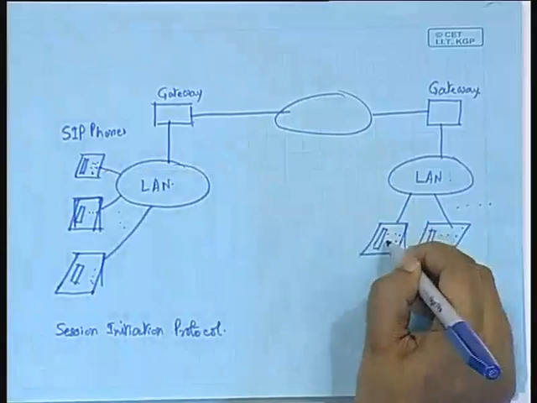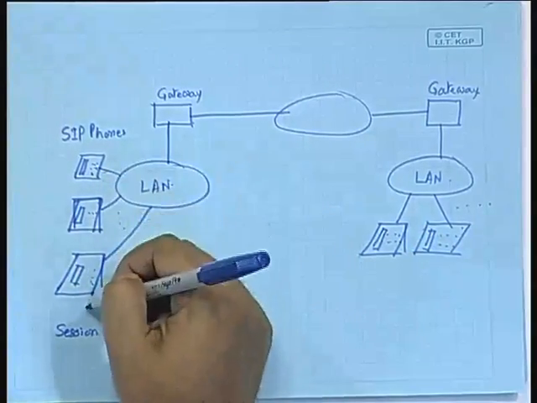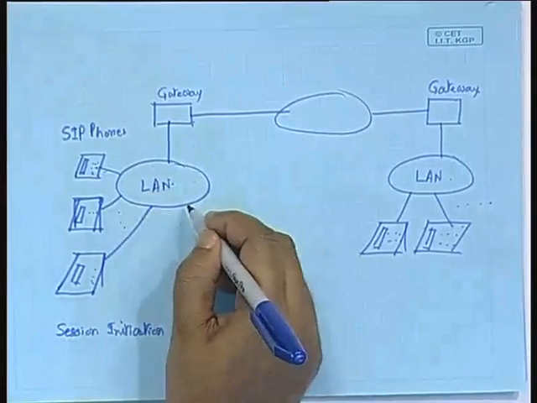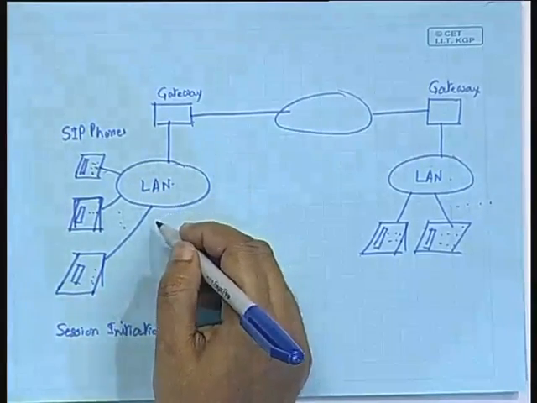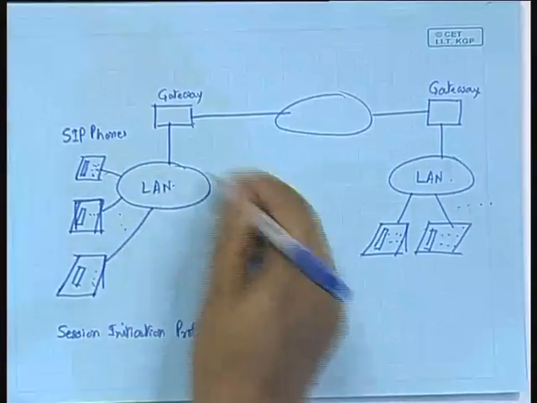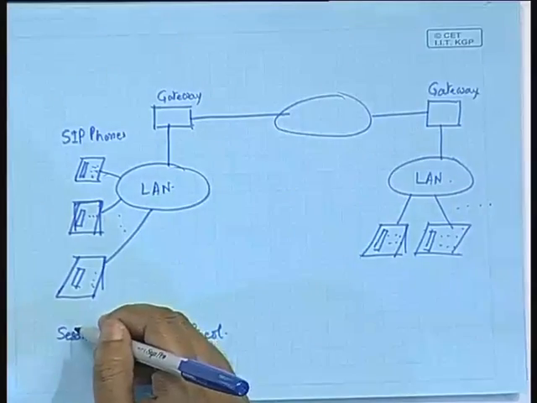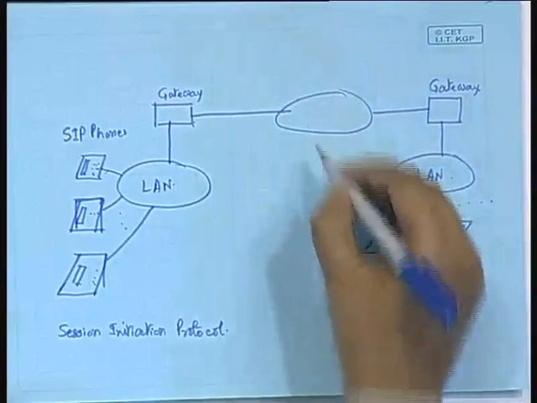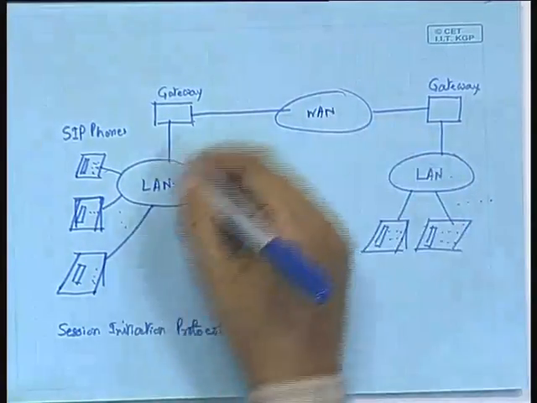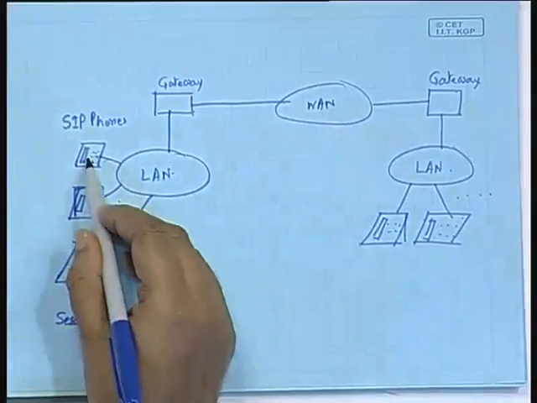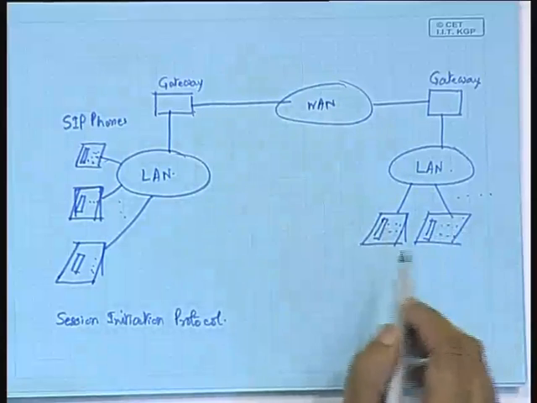Any telephone from here you can use for internal conversation, because when it is connected to the LAN, even all the within-office conversations you can use this one, and whenever you are communicating from one office to the other, you simply go through the network, and you can communicate from here to any phone which is kept over here.